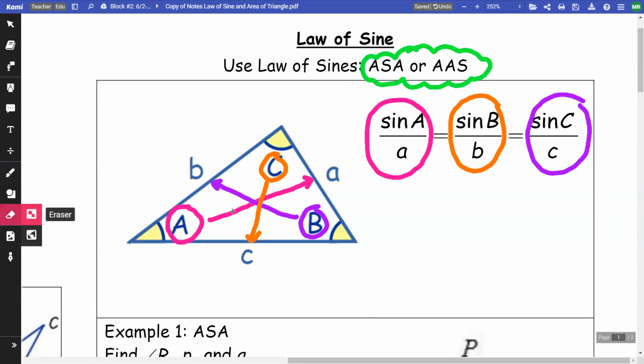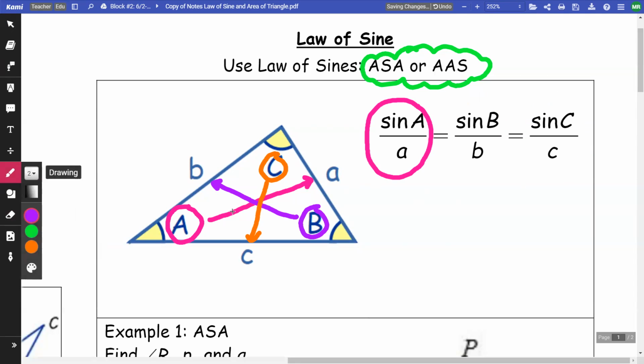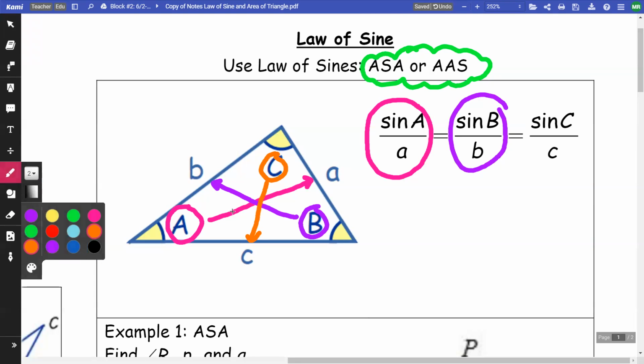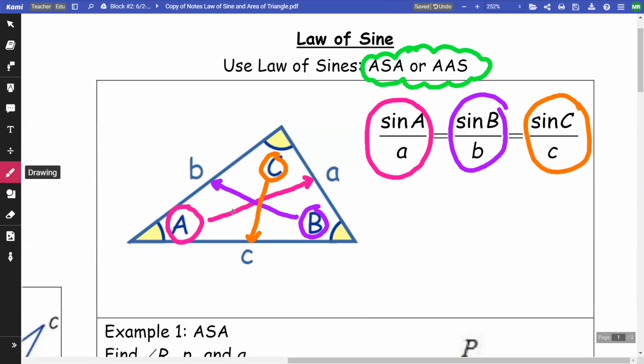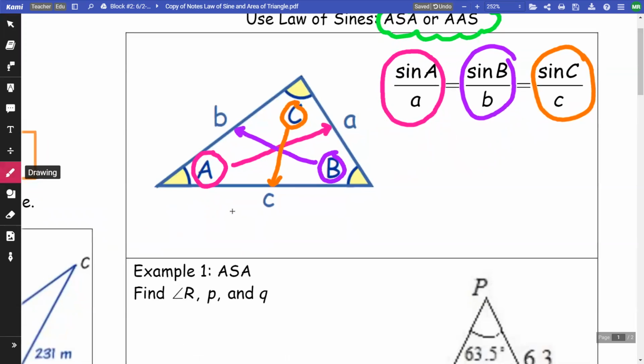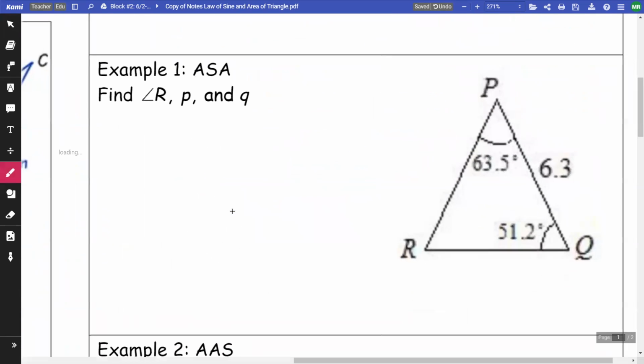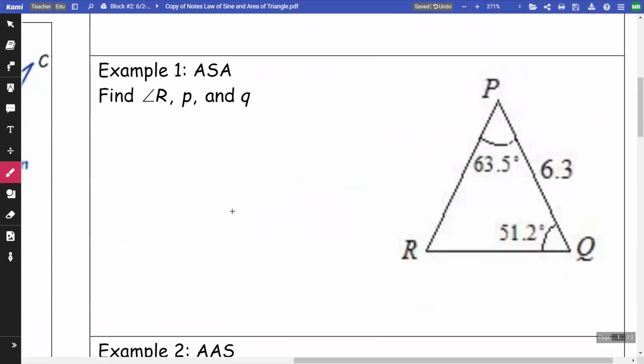Let me match my colors. This was my B, this was my C. So on this first one, this is an angle, this is a side, this is an angle. So this would be angle, side, angle. That's the relationship I have here.